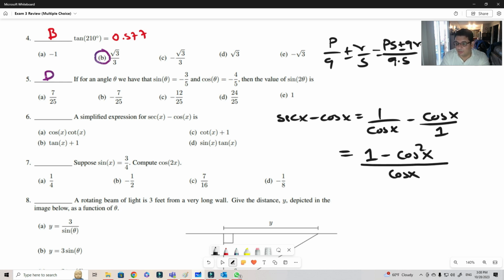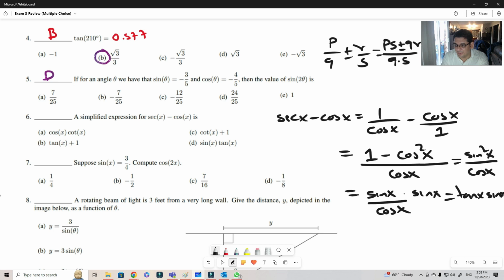Now we can see 1 minus cosine squared as sine squared by the main trigonometric identity. And so sine squared over cosine is something that we cannot very easily transform, so we can just split it. Split this as sine times sine, and I'm going to leave the cosine under just one of them. And so as you can see, this is tangent of x times sine of x, which is option D.